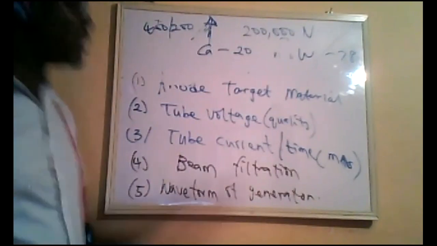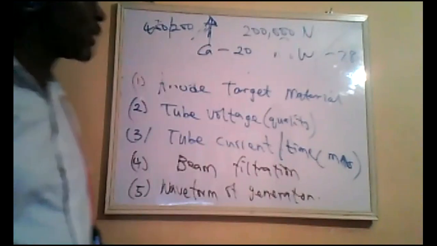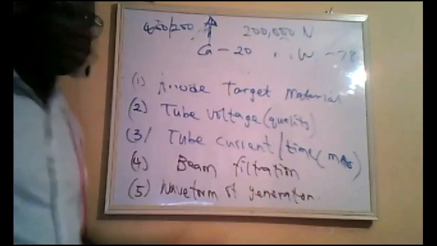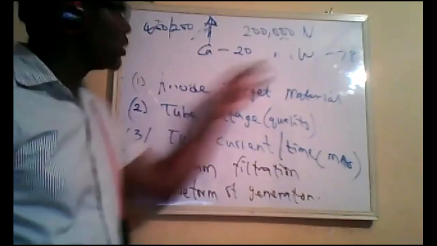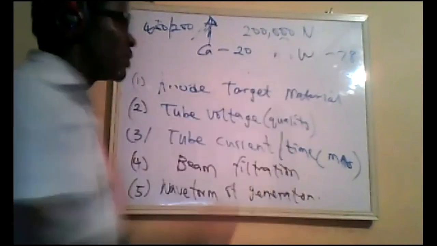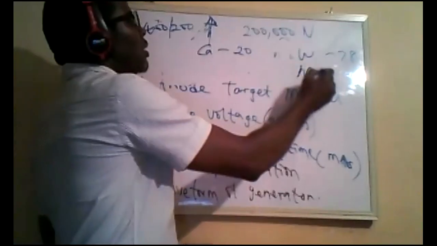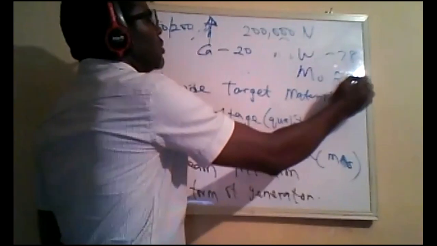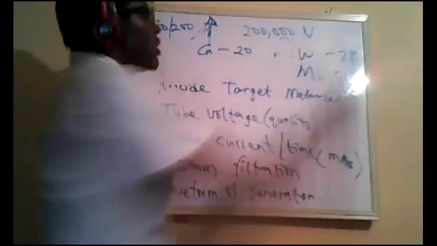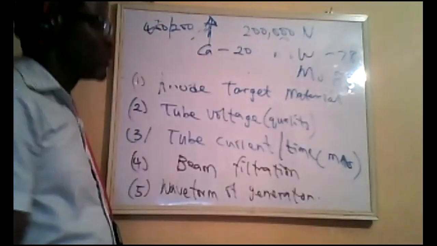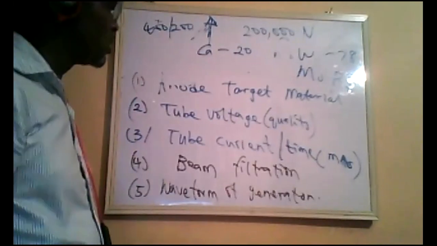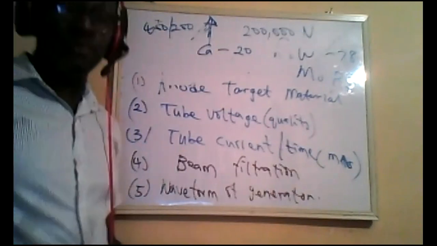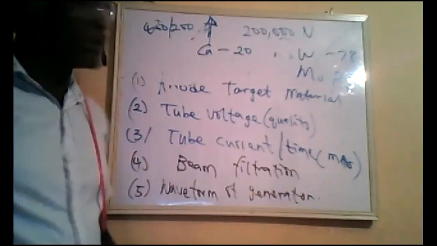So because of that, you are going to have so much energy from the X-ray tube, in which the anode is tungsten or molybdenum or even rhodium. So they are going to give us better energy, which will be useful for imaging purposes.